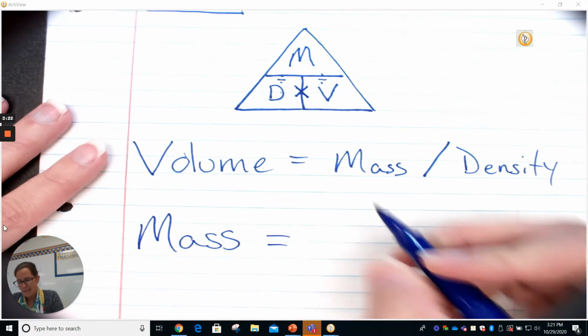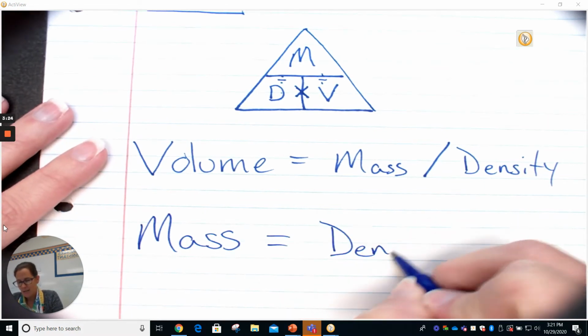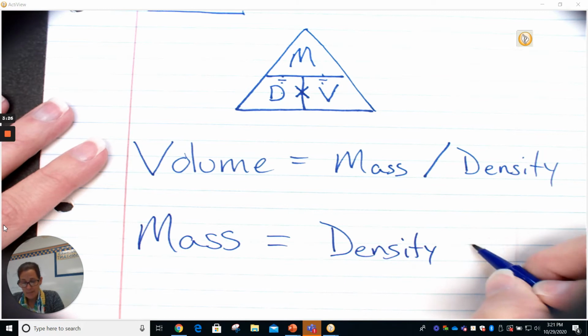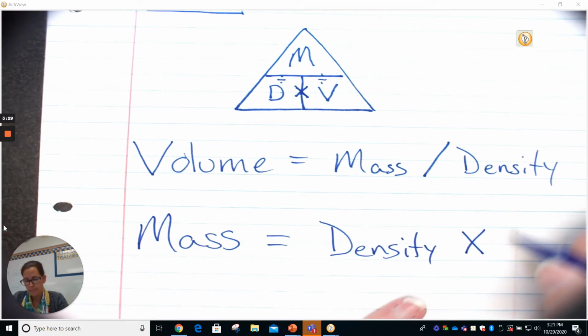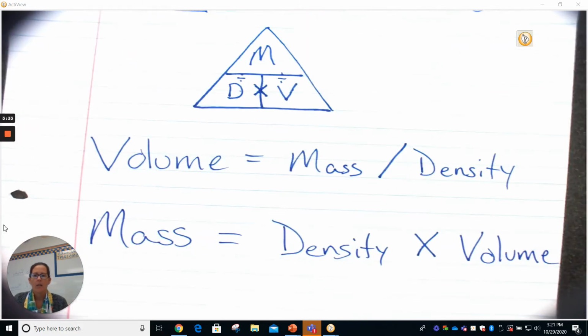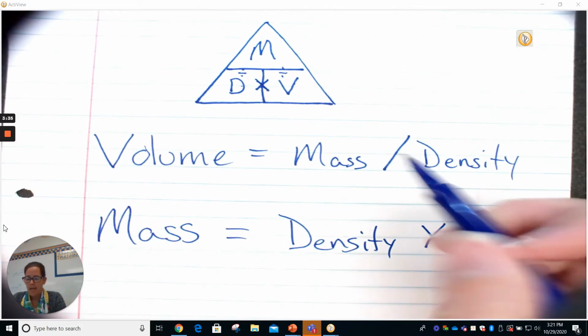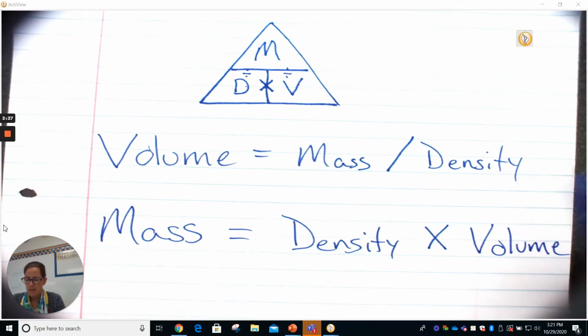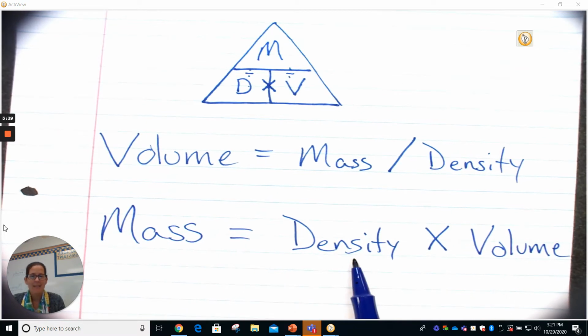Mass equals density times the volume. Okay, so volume equals mass divided by density, and mass equals density times the volume.